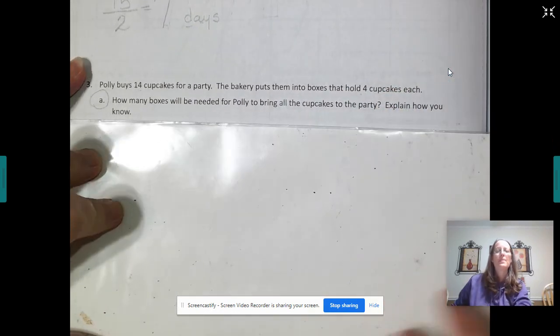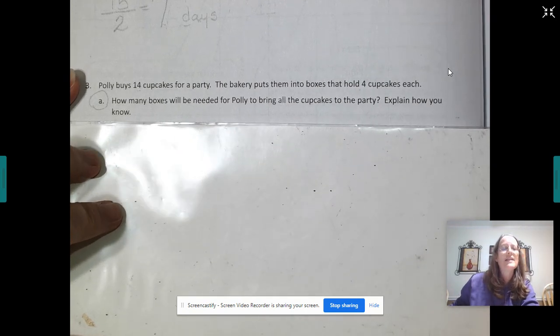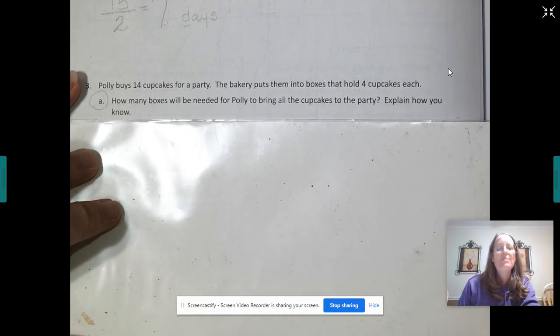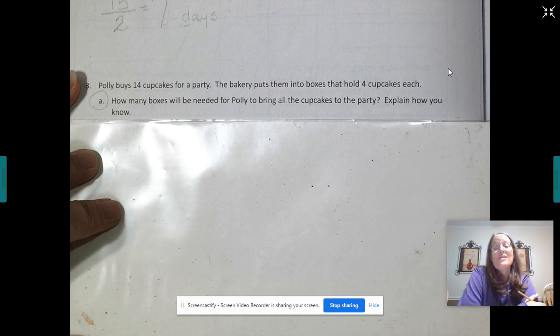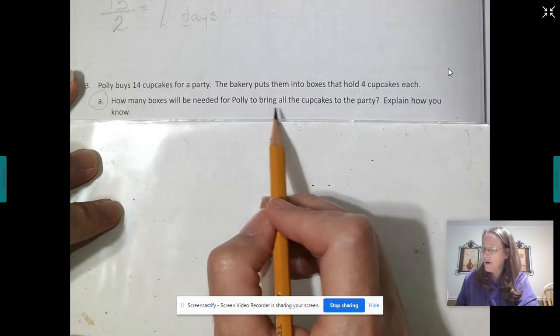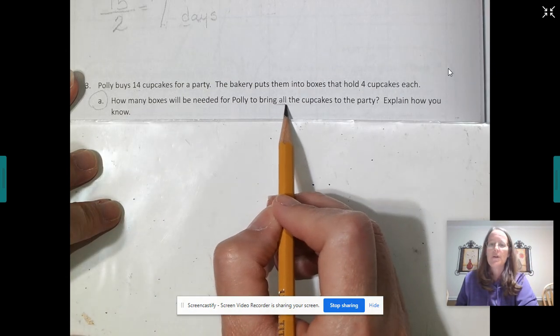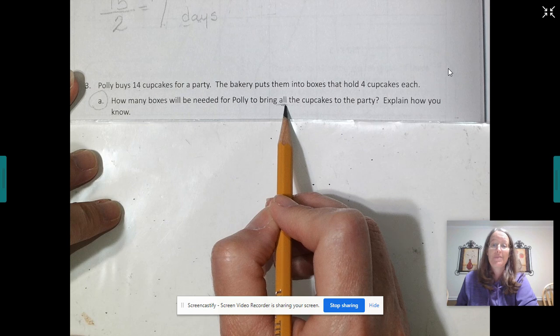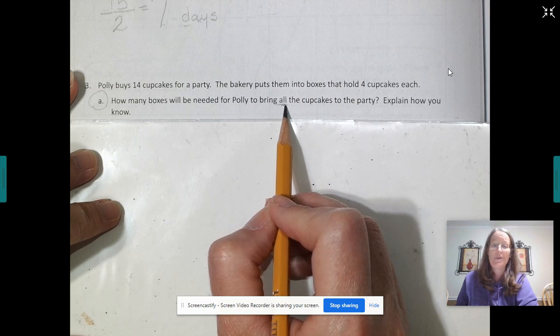Number 3. Polly buys 14 cupcakes for a party. The bakery puts them into boxes that hold 4 cupcakes each. How many boxes will be needed for Polly to bring all the cupcakes to the party? Whew, that little word makes a big difference in this problem.